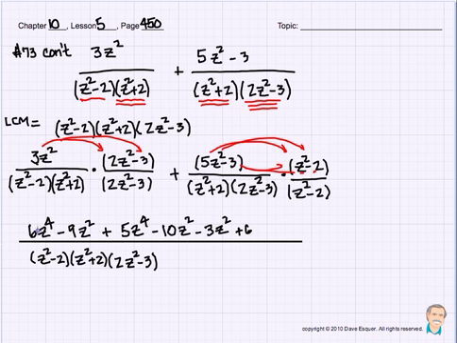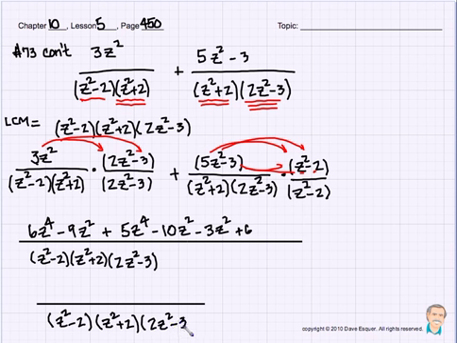And we're almost done. Incredible as this looks. We're going to, let me get my ruler again. It's not going to be quite as bad now. Our denominator still stays the same. We have z squared minus 2, z squared plus 2, and 2z squared minus 3.